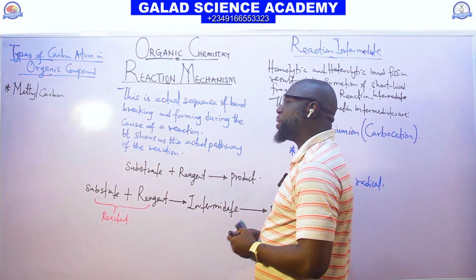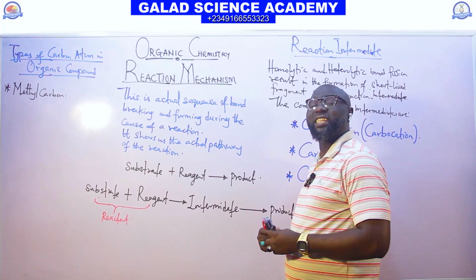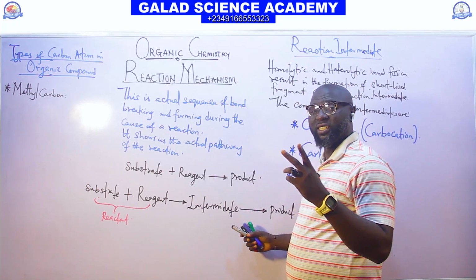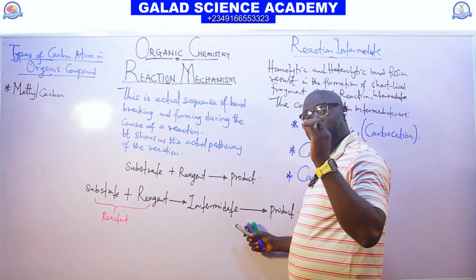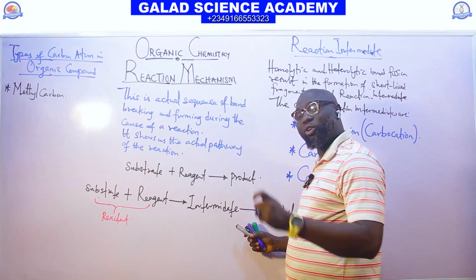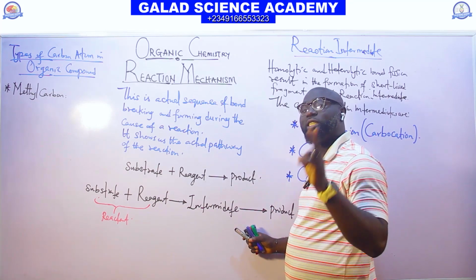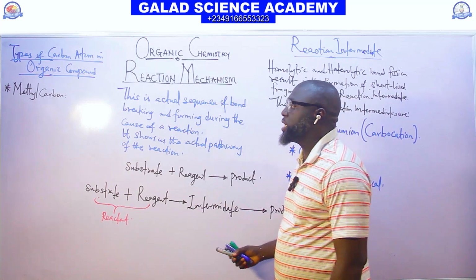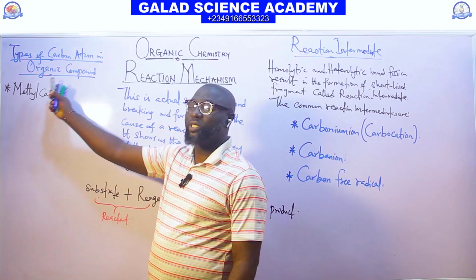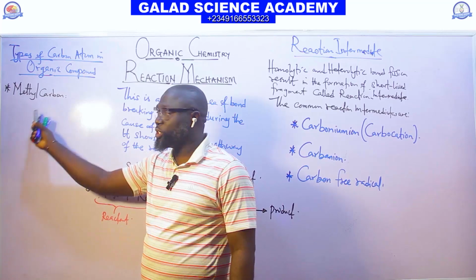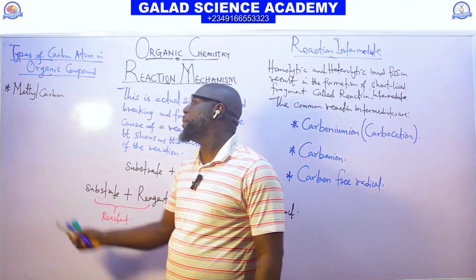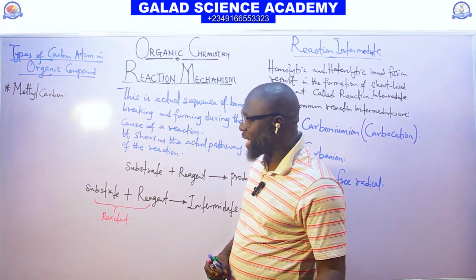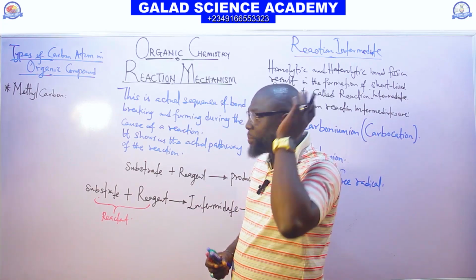A methyl carbon is a carbon atom that has three hydrogen atoms attached to it. Any carbon atom that contains three hydrogens is called a methyl carbon. What is an example of a methyl carbon?